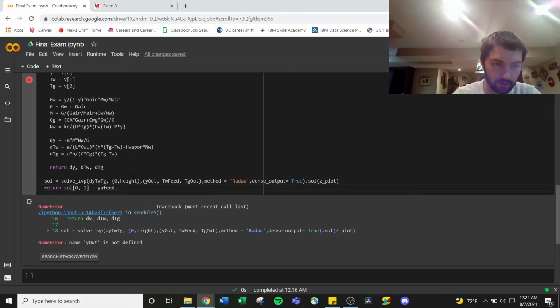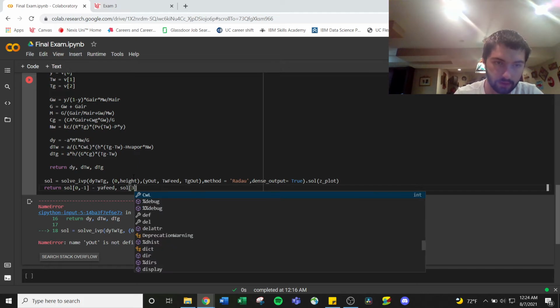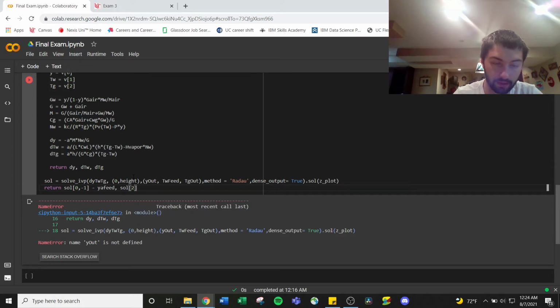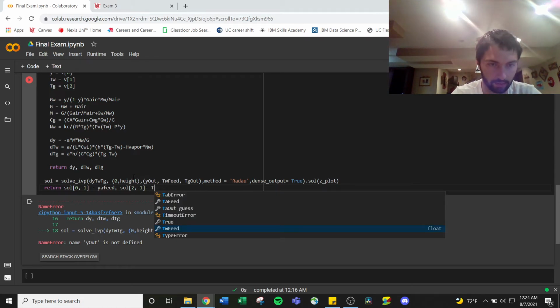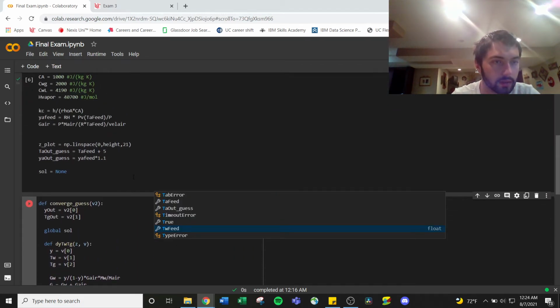And the second thing we want to return is essentially the same thing, but for the temperature. So that'll be the third element in the array. Same thing, the last item in it, but we want to subtract out our temperature of the feed. So what did I name that?